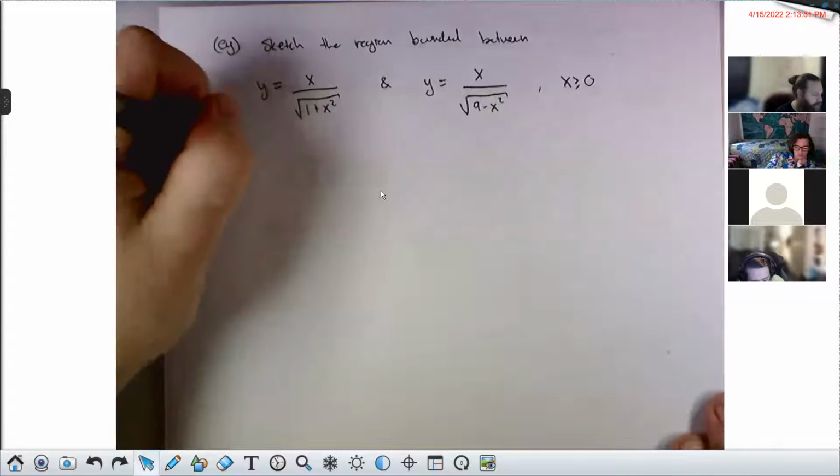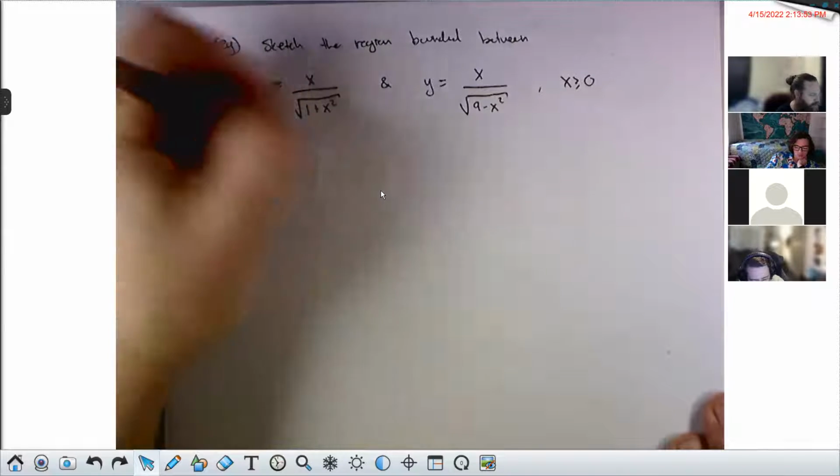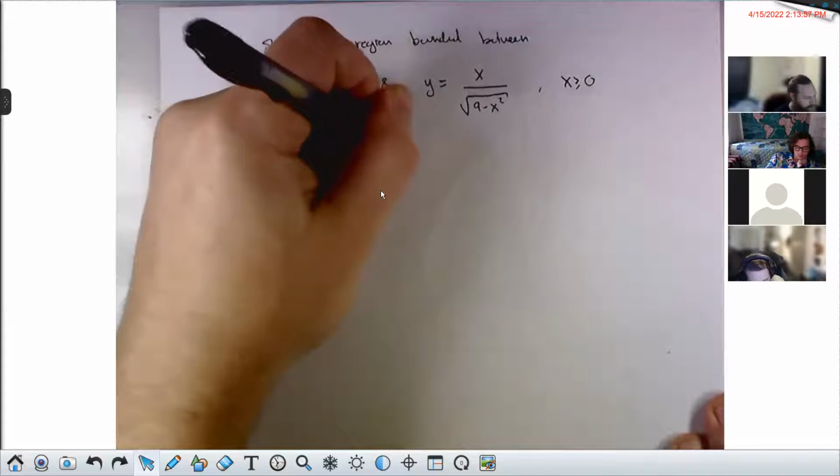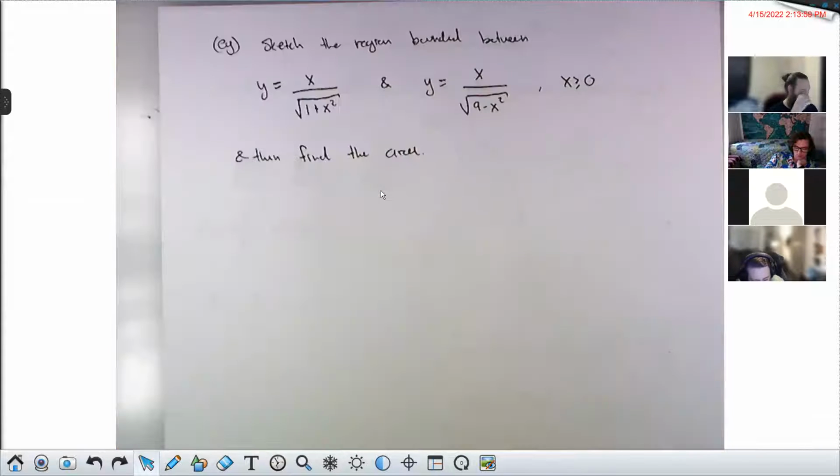And then find the area. Neither of these are easy functions to graph.